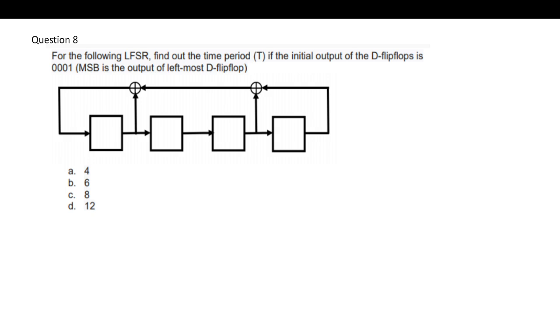Next question. For the following LFSR, find the time period T if the initial output of the D flip-flops is 0001. MSB is the output of the leftmost D flip-flop. So this is the one. The MSB is the leftmost.